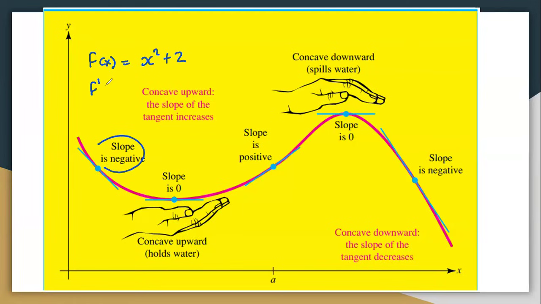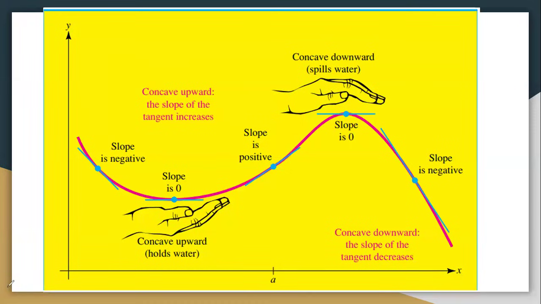When we get our first derivative and we get 2x, it means that for you to get a decrease in the slope, your first derivative is going to be a negative. For you to get a positive or an increase, it means that your first derivative is going to be increasing.